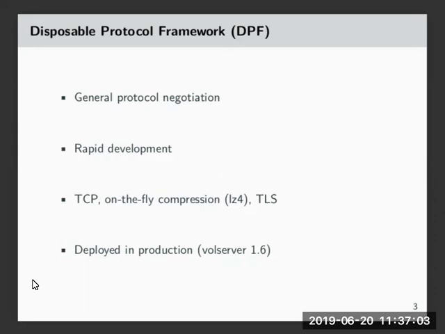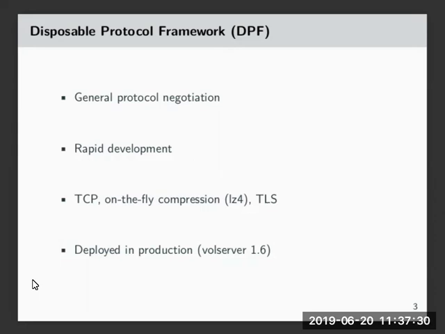Most people associate this, in the context in which I've talked about this in previous talks, with TCP, how to leverage TCP and existing RX connections. But it's not specific to TCP. The current set of features that we support are, TCP is still one of them, but we also do on-the-fly compression using LZ4 and TLS encryption.